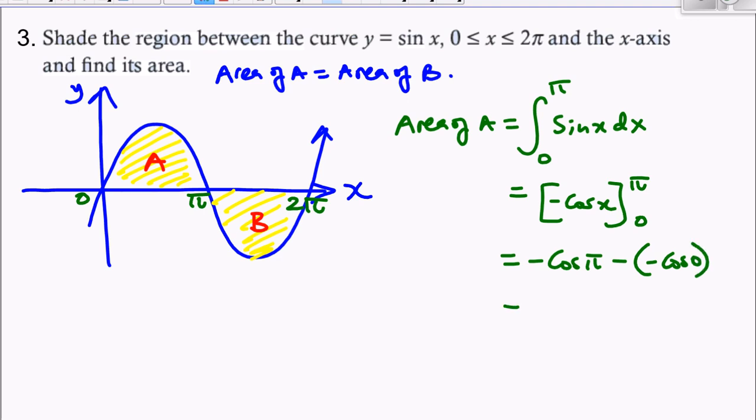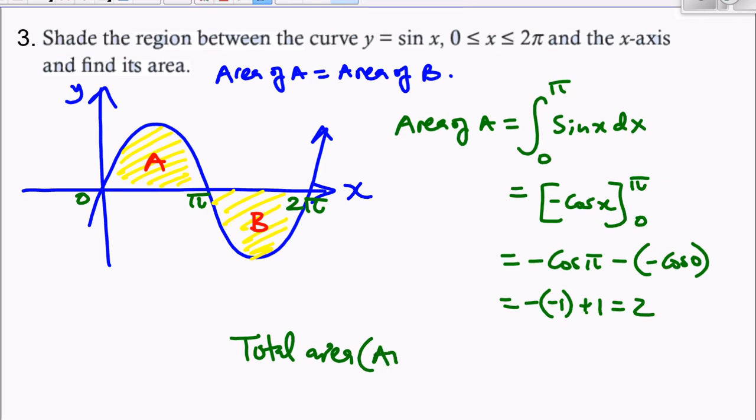Plugging in the limits, you end up with negative 1 plus 1, which is 2. So the total area, which means A plus B, will be just 2 plus 2, which is 4.